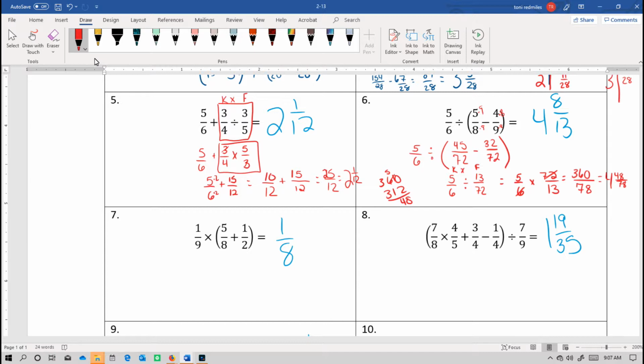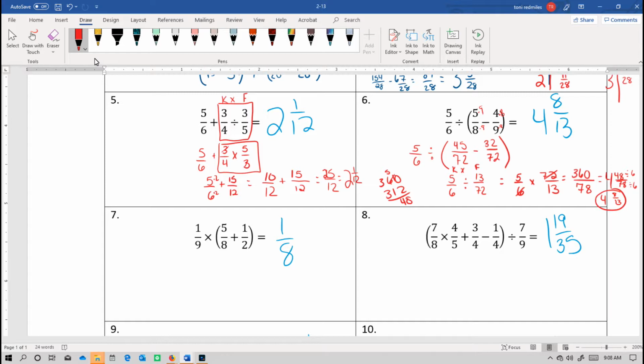I didn't do it originally this way. 8 goes into 48 6 times, so it's reduced by 6. All right, so 6 goes into 48 8 times, and into 78 13 times. So the answer would be 4 and 8/13.